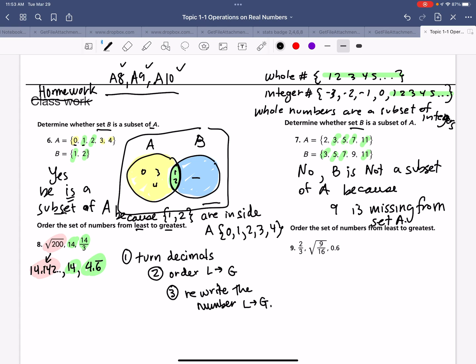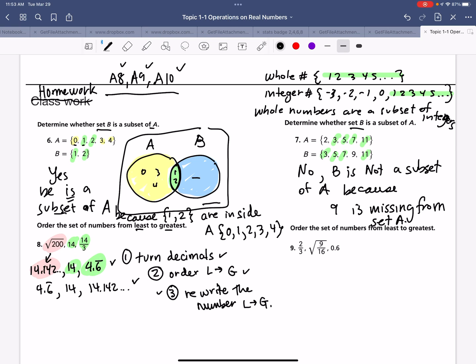But it will help us order these least to greatest. So we turn them to decimals, check 1. Now we can order these least to greatest. That would be 4.6 repeating, 14, and then 14.142 and so on. So we did step 1, we did step 2. Now for step 3, we have to rewrite it based on the value.